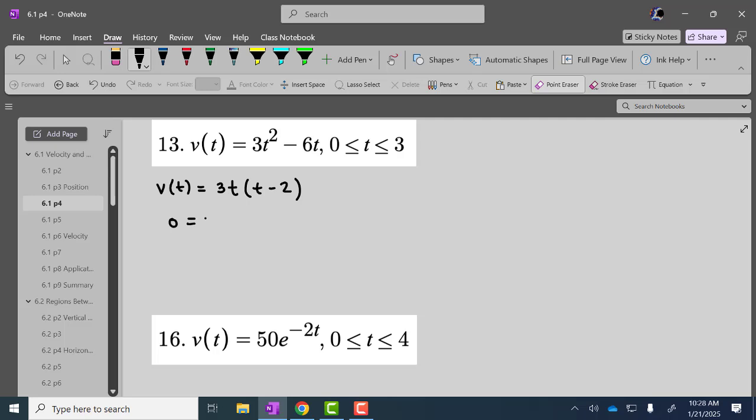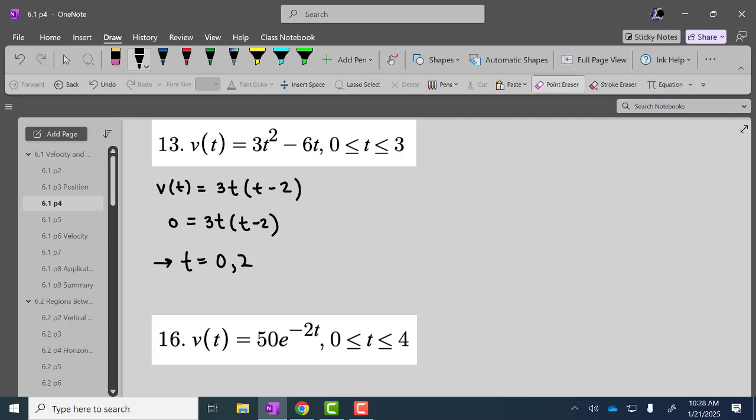So if we set this equal to 0, what are the two t values that will make that equation true? 2 and 0. Does everyone agree? If we can factor that into linear factors, then we set each linear factor equal to 0 to get the zeros for the function. It's a parabola.